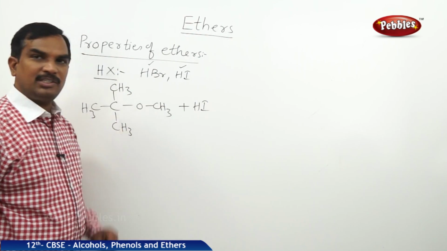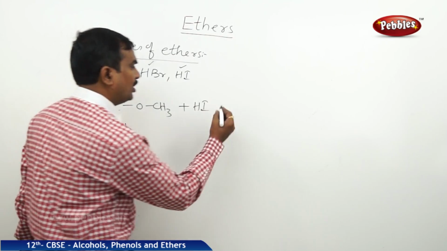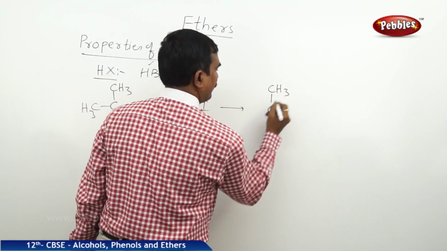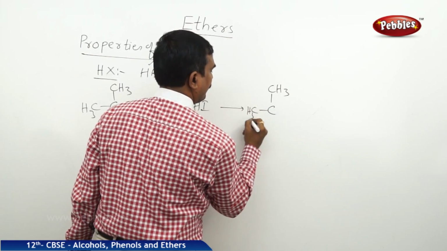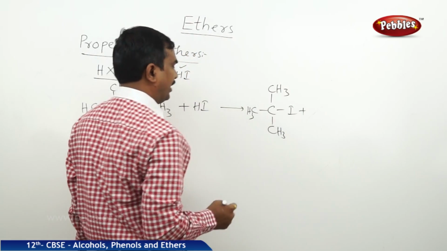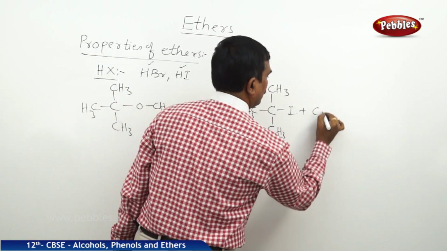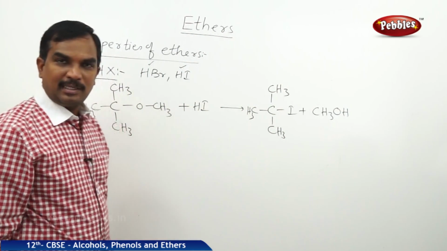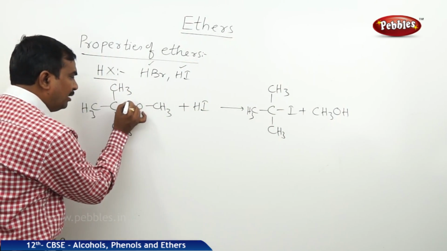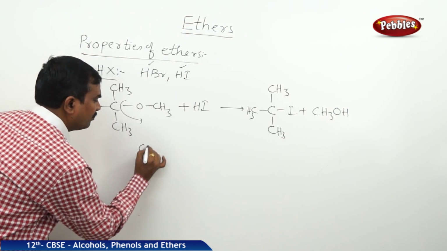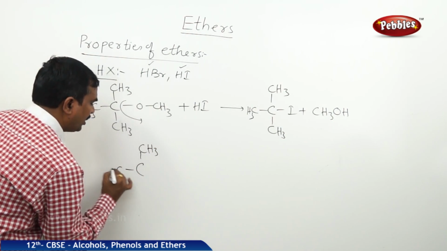But in this case, the product we get is tertiary alkyl iodide along with CH3OH. The reason for this is, if you eliminate this like this, we will get the carbocation, which is a tertiary carbocation.